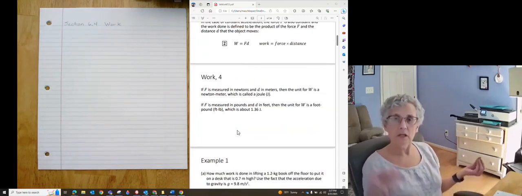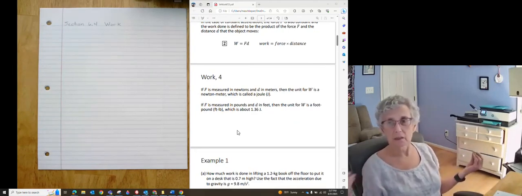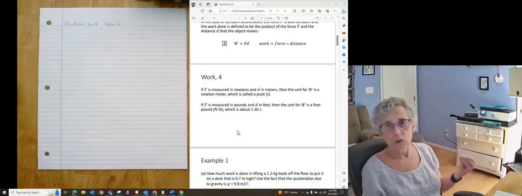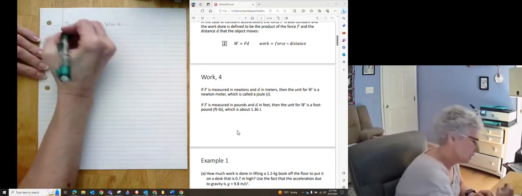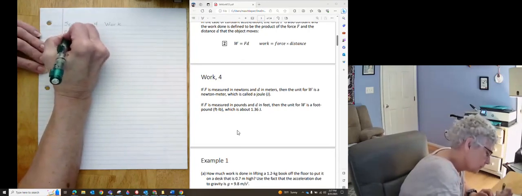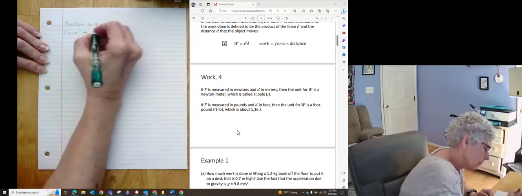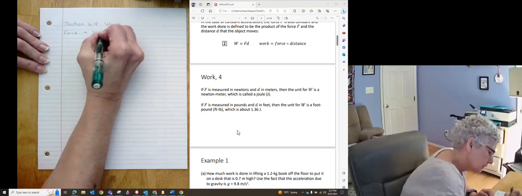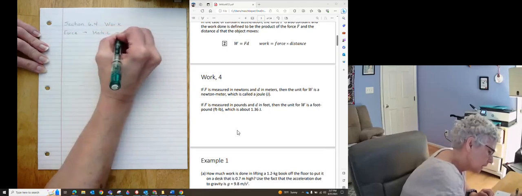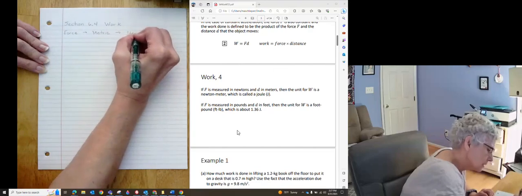If force is measured in newtons and distance in meters, then the unit for work is a Newton meter, or a joule. So I'm going to write these things down. For force, in metric, our units are newtons.